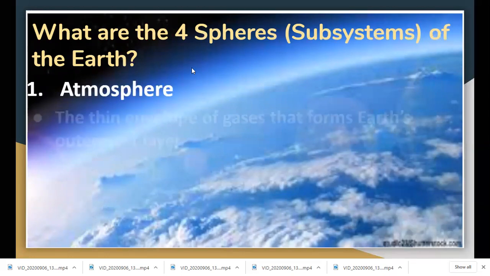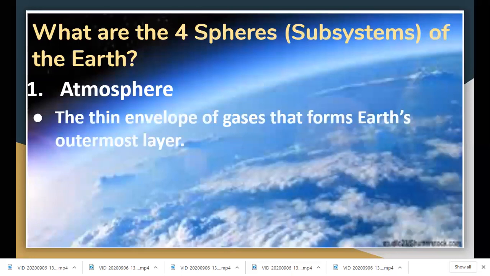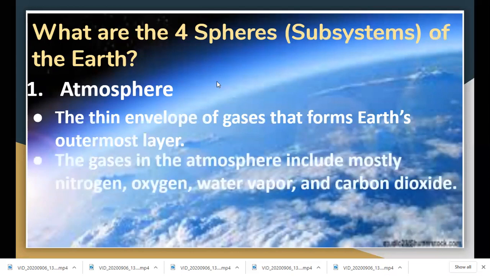Let's take notes. That is the thin envelope of gases that forms Earth's outermost layer. You know you're going to get a question with a definition of what is the atmosphere. So the gases in the atmosphere are mostly nitrogen, oxygen, water vapor, and carbon dioxide.